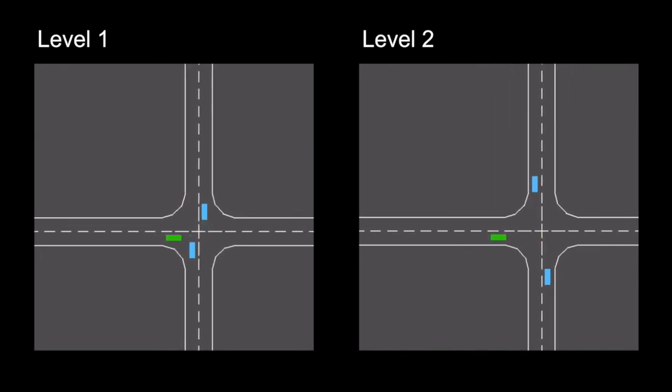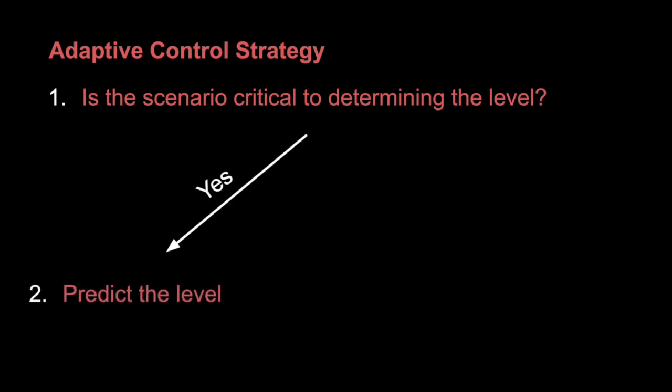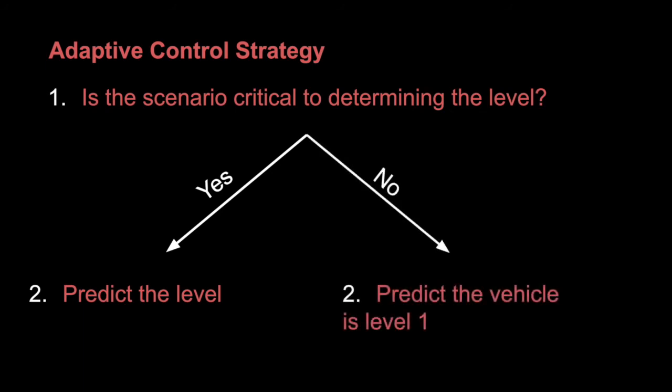Using these learned strategies, we can train our vehicle to achieve an adaptive control strategy. To achieve this, I've constructed 2 neural networks. The first neural network predicts if the current scenario is critical to determining the opposing vehicle's levels. If yes, the second is used to predict the level of the opposing vehicles based on the environment's input and their actions. Otherwise, the car will assume they're level 1.